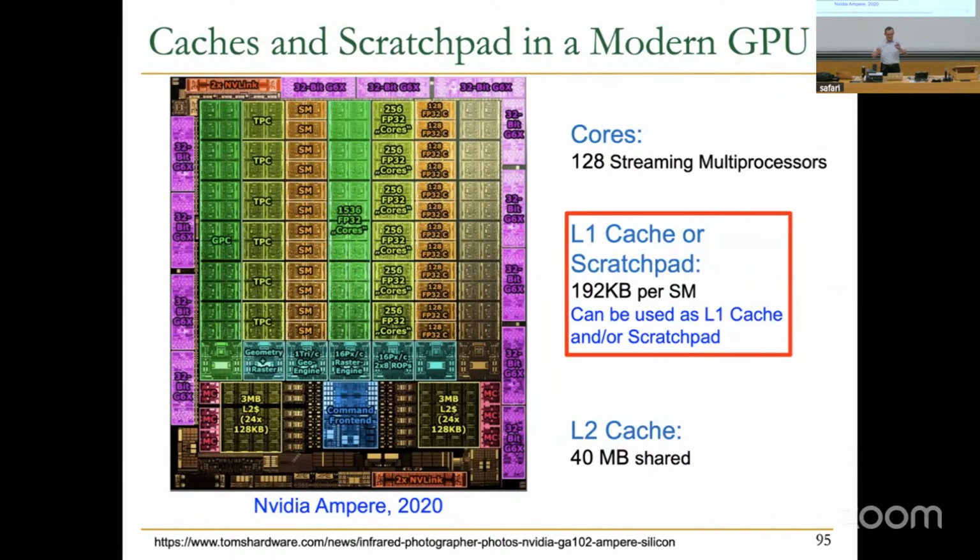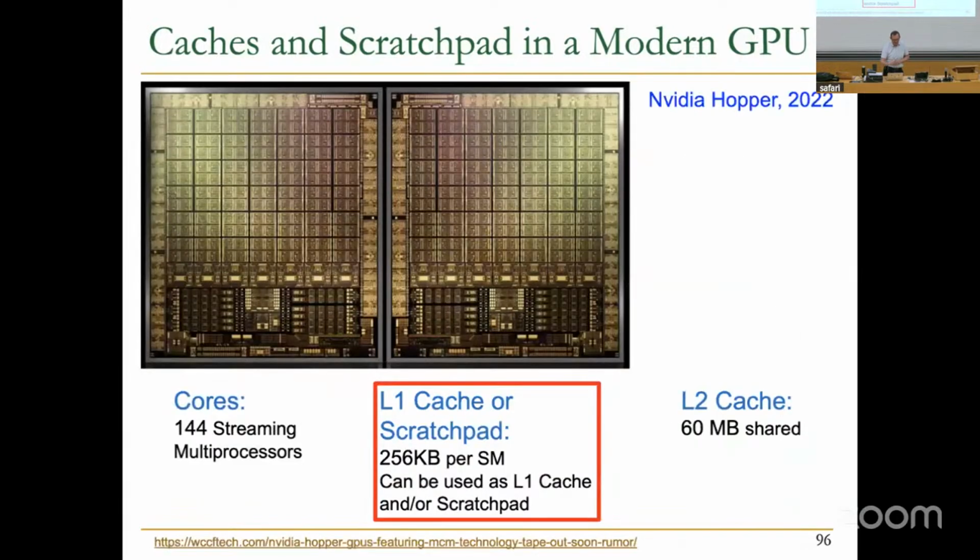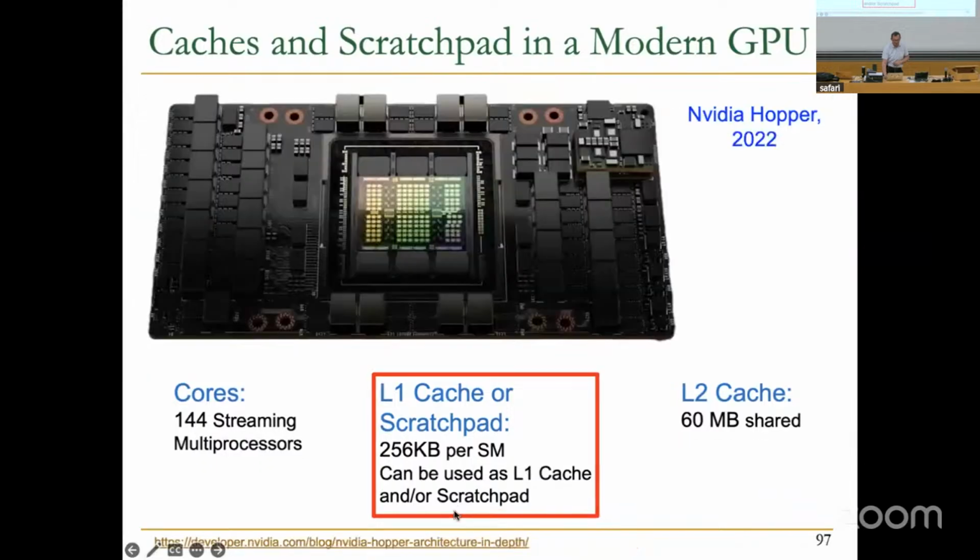So they have both ways. As you can see over here, in this particular NVIDIA Ampere GPU, 192 kilobytes per streaming multiprocessor can be used as L1 cache and/or scratchpad, or some combination. And the size of this is increasing. You can see another example from Hopper here.